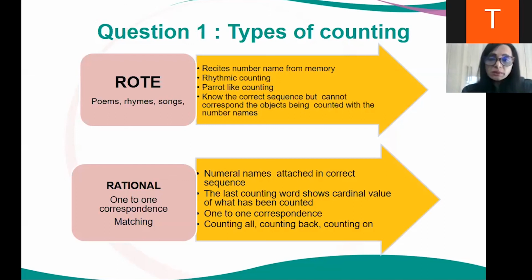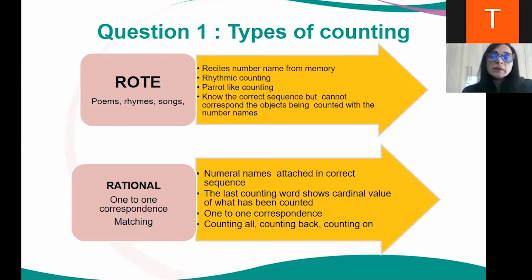Rote counting: the learner recites number names from memory. The learner knows number names 1, 2, 3, 4, 5, because the mother constantly says to the child, let us count 1, 2, 3, 4, 5. Again, 1, 2, 3, 4, 5. It's rhythmic counting. 1, 2, 3, 4, 5, once I caught a fish alive.